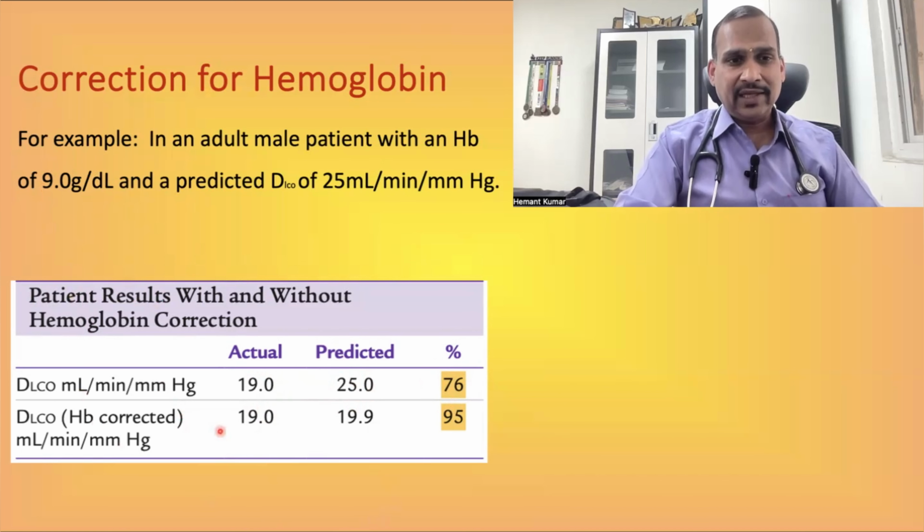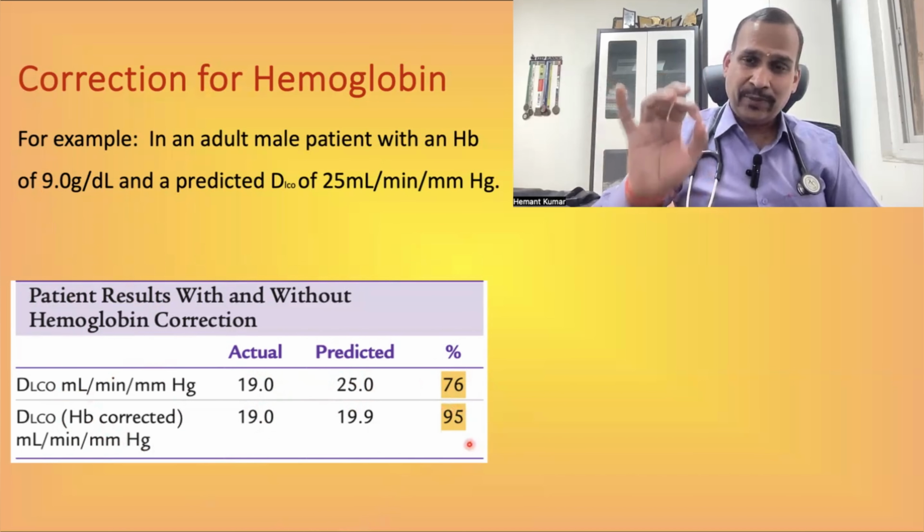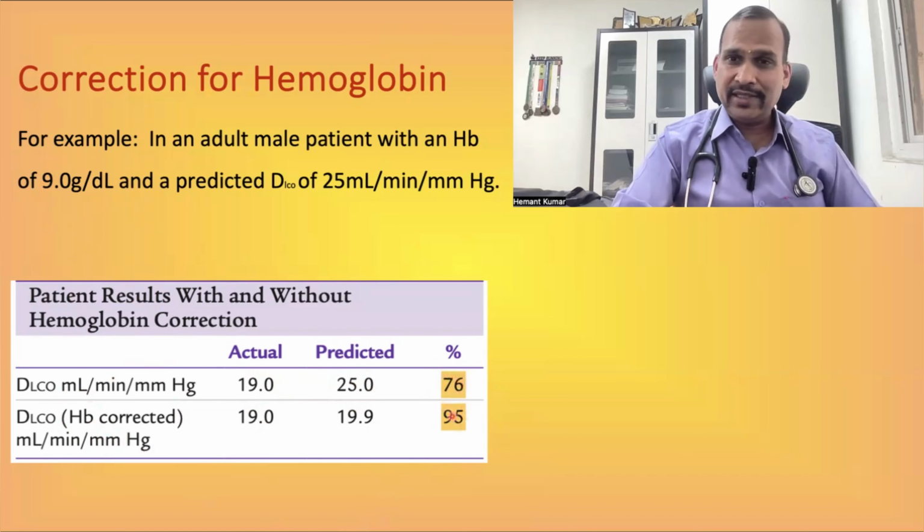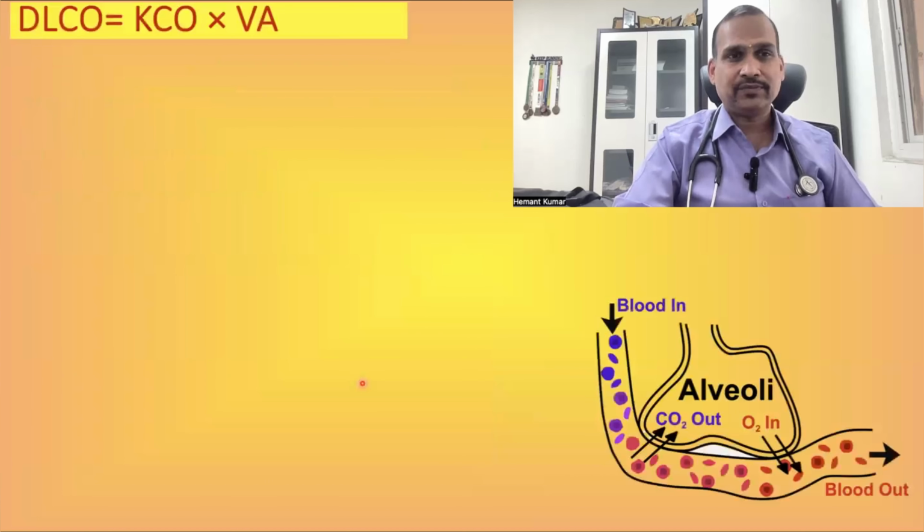Once we correct DLCO for this hemoglobin, the result would be 95%. So one person is labeling low DLCO because he doesn't know about hemoglobin. The person who knows about hemoglobin will report 95% as normal DLCO. So this is the effect of hemoglobin on DLCO.